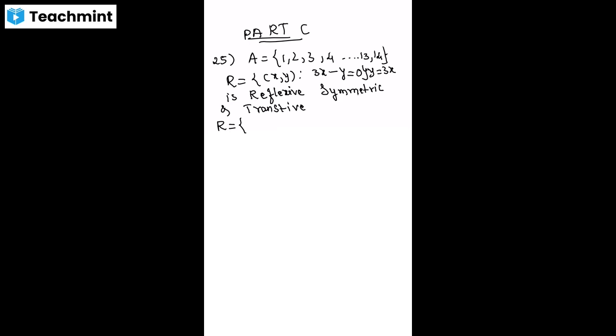So if we take x is equal to 1, what will we get for y? We'll get the relation 1 comma 3. Next, 2 comma 6. Next, 3 comma 9. Next, 4 comma 12.